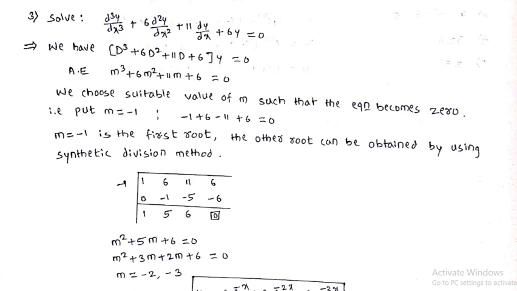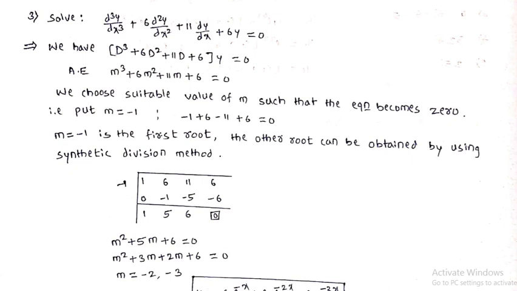With the help of m equal to -1, now we calculate the remaining two roots by applying the synthetic division method. In synthetic division, you take the coefficients of m cube, m square, m and the constant, 1, 6, 11 and 6, and also use the first root m equal to -1. Here we always write 0 first, then add 1 and 0 which gives 1.